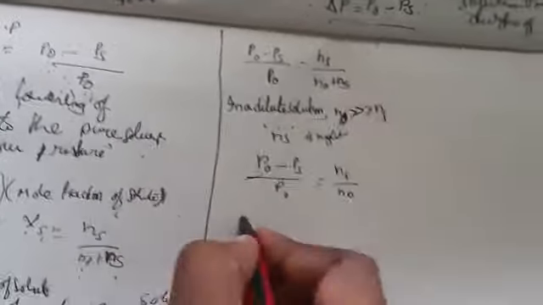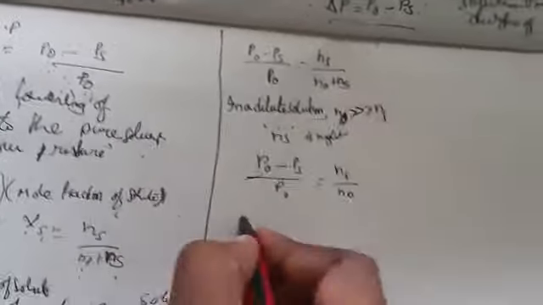Coming to the next, N naught is equal to B by W. You should not have confusion, that's why I have taken B by W. N naught means the number of moles of pure solvent. B indicates the weight of solvent. W is the gram molecular weight of solvent.